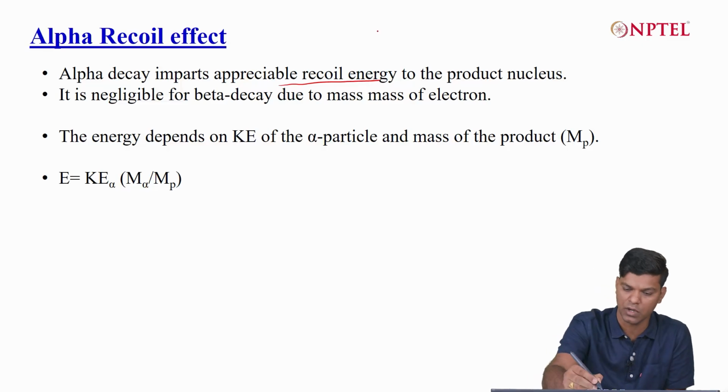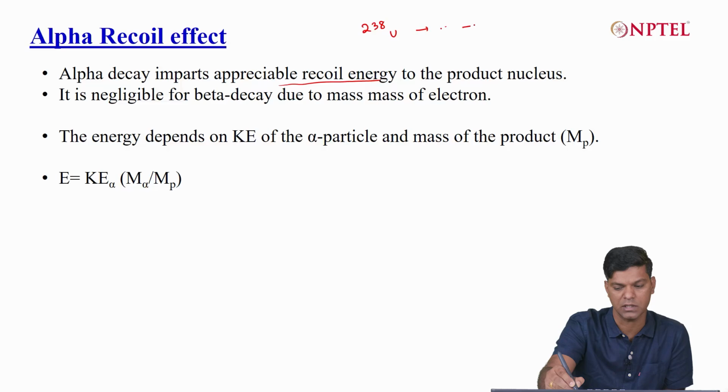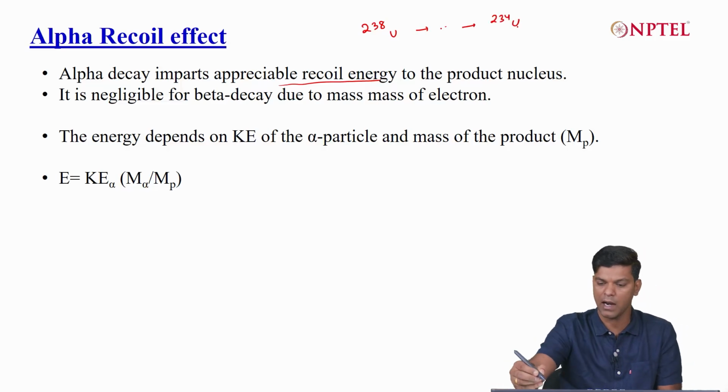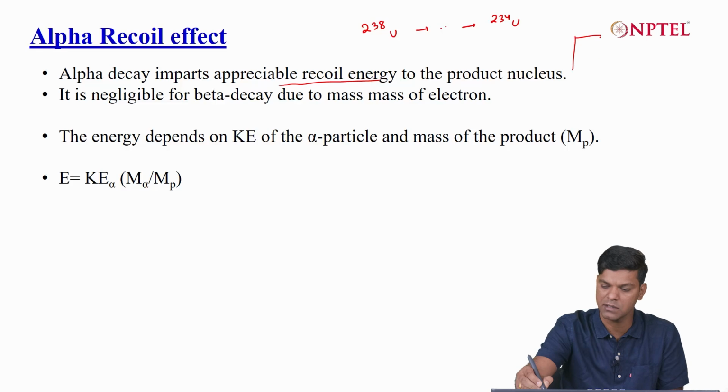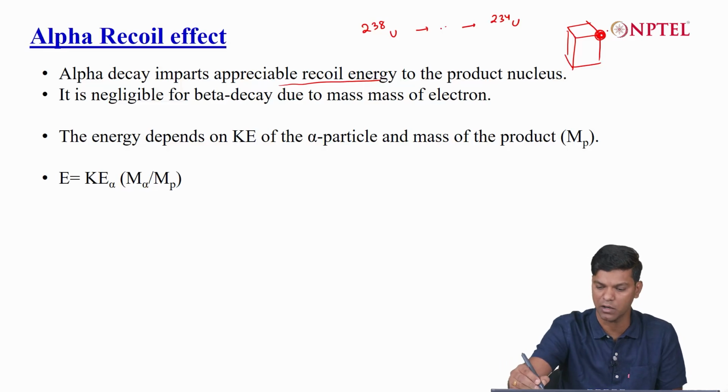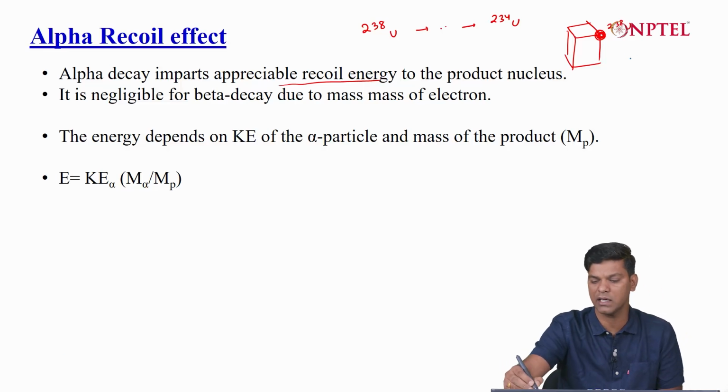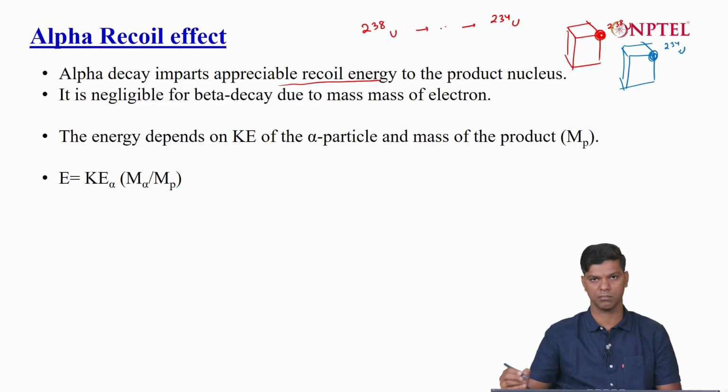Now, let us say you assume that 238 uranium through multiple chains reaches 234 uranium, and let us say you have a lattice and there was a uranium 238 to start with, and after decay you now have 234 uranium.